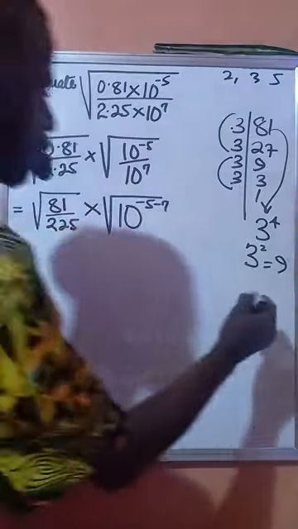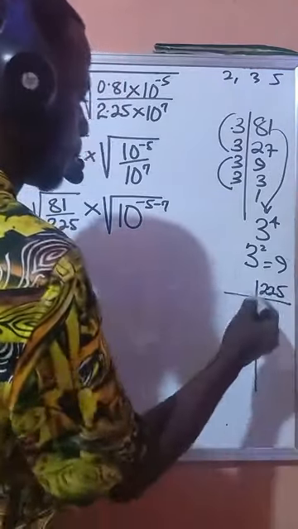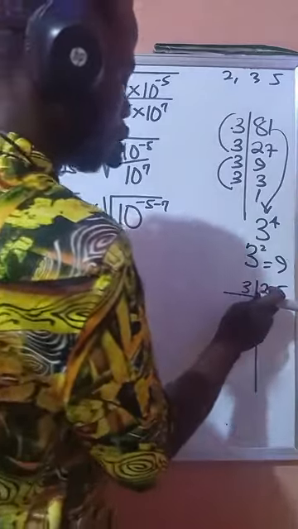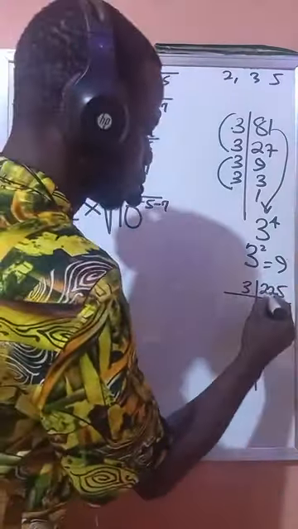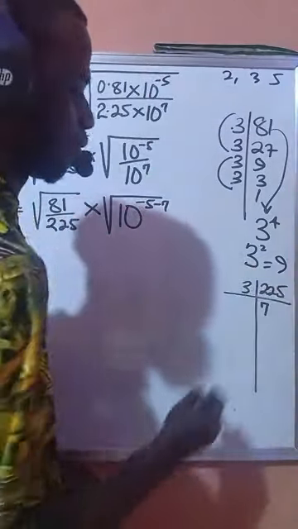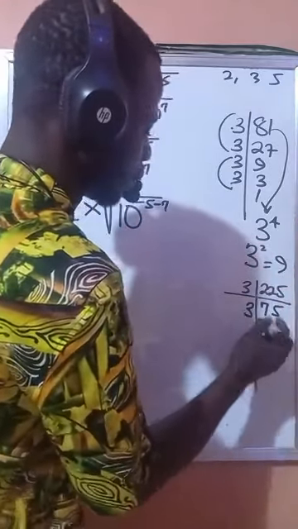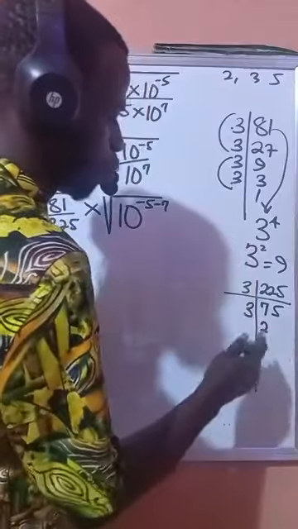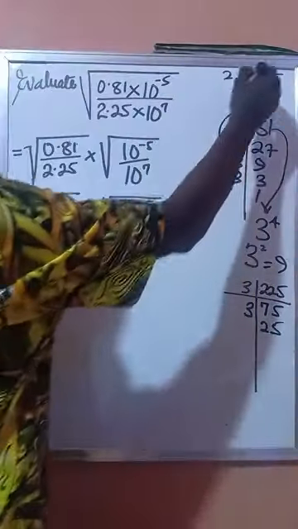Let's do that for 225. 2 plus 2 is 4, 4 plus 5 is 9. So 3 can divide 225. 3 in 22 is 7, remember 1. 3 in 15 is 5. 3 in 7 is 2, remember 1. 3 in 15 is 5. 3 can no longer go.